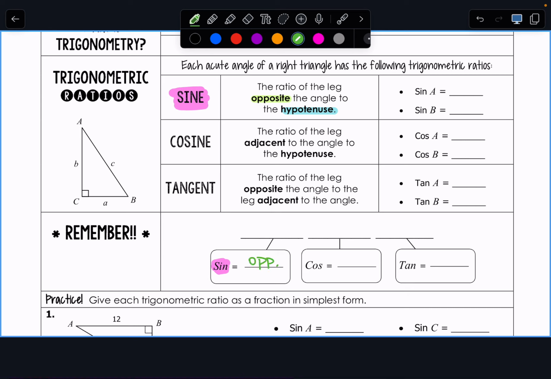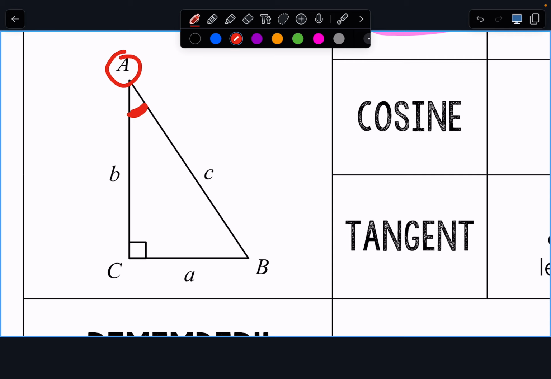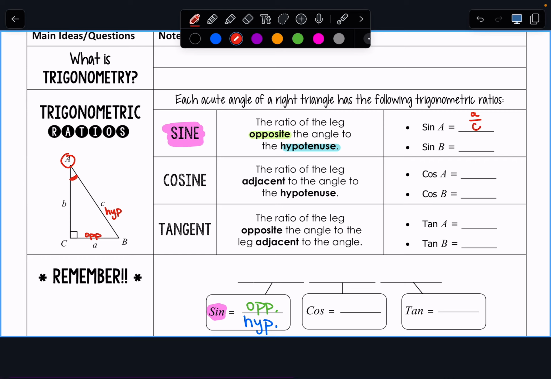Okay? So I want you to look. If I'm talking about angle A right here, which side is opposite? Side A. And what side is hypotenuse? So our sine ratio would be side A over side C, opposite over hypotenuse.